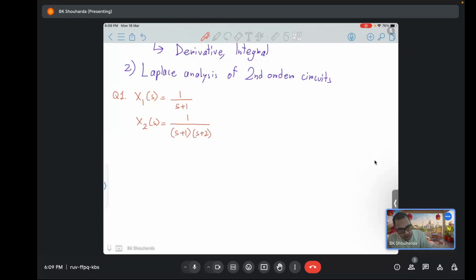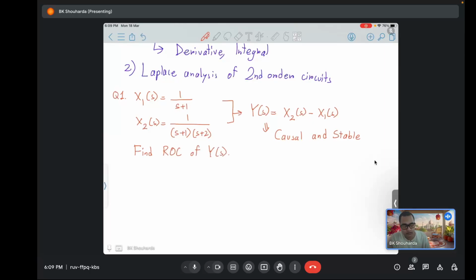And we are given that Y(s) is X2(s) minus X1(s). It's also given that Y(s) is causal and stable. Now what do we need to do? Find the ROC of Y(s).